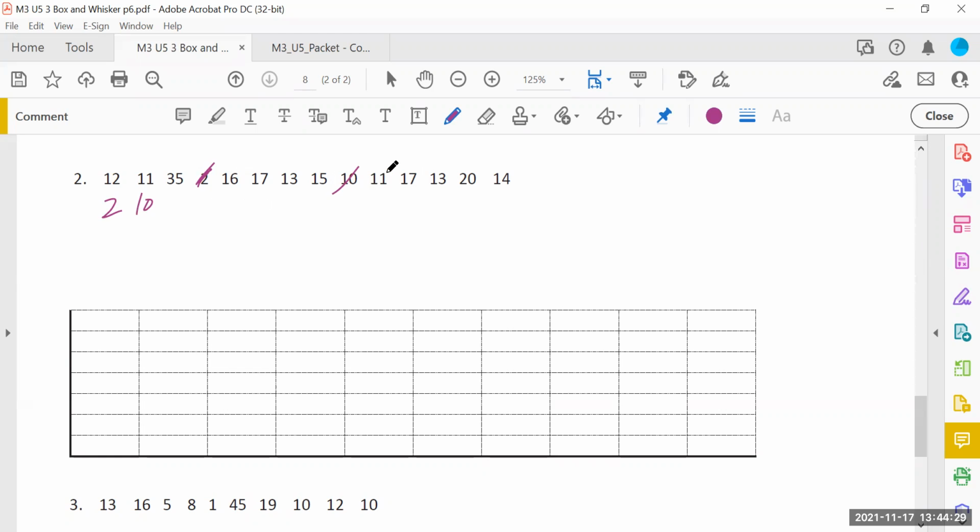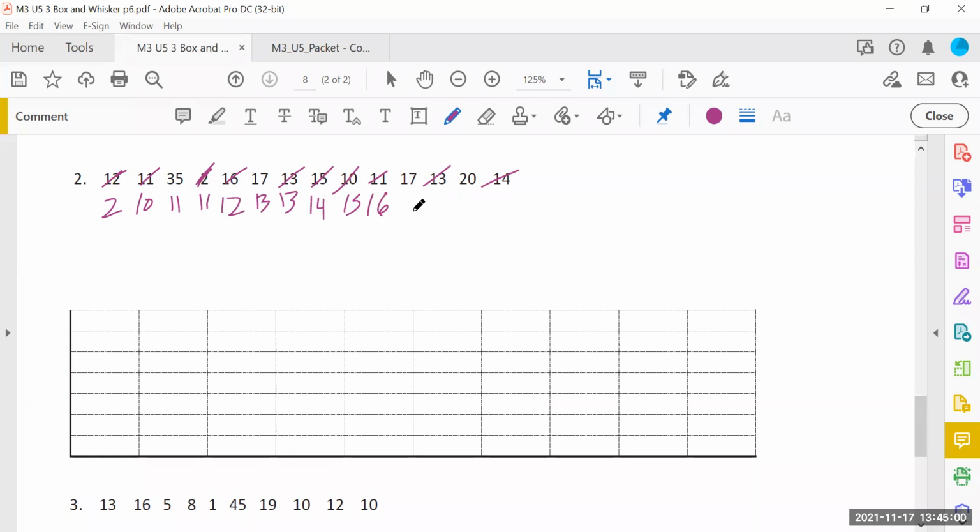We've got 11s, two 11s. Yeah, I think we have a 12 right down here. Two 13s. Got a 14 and a 15. 16.